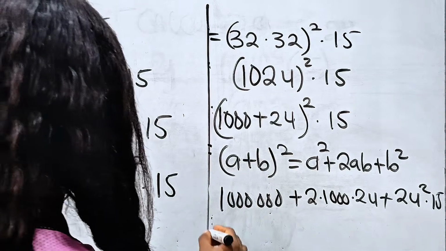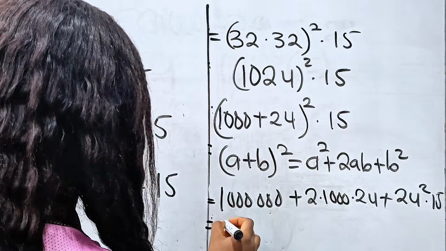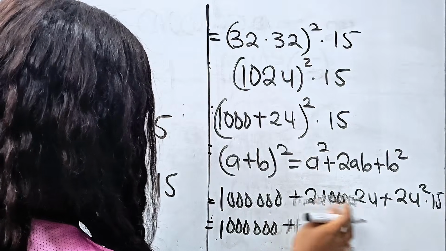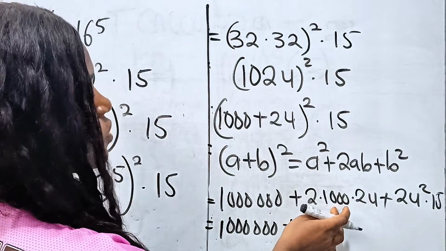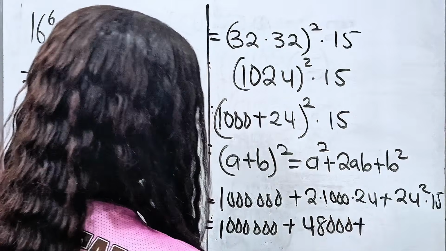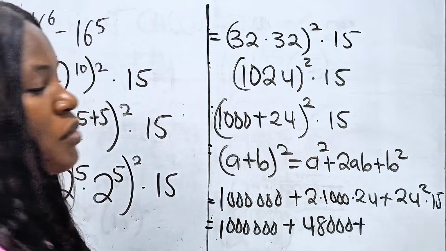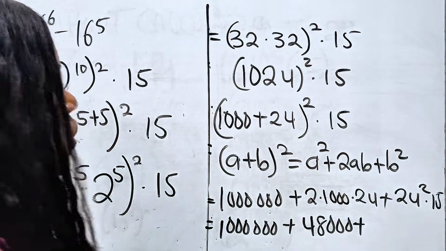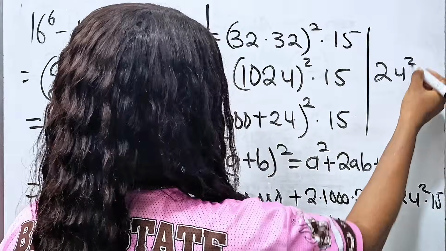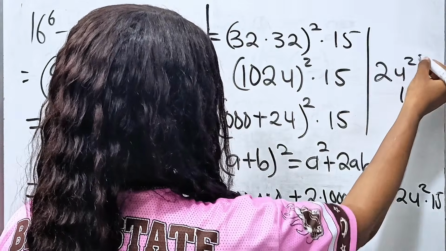Okay, so this will be equal to 1 million plus 2 times 24 is 48, times 1000 is 48,000, right? Just add the 3 zeros. Plus, now 24 squared, we are going to make use of the same math trick we used the other time. So 24 squared, 4 squared is 16, 2 squared is 4.